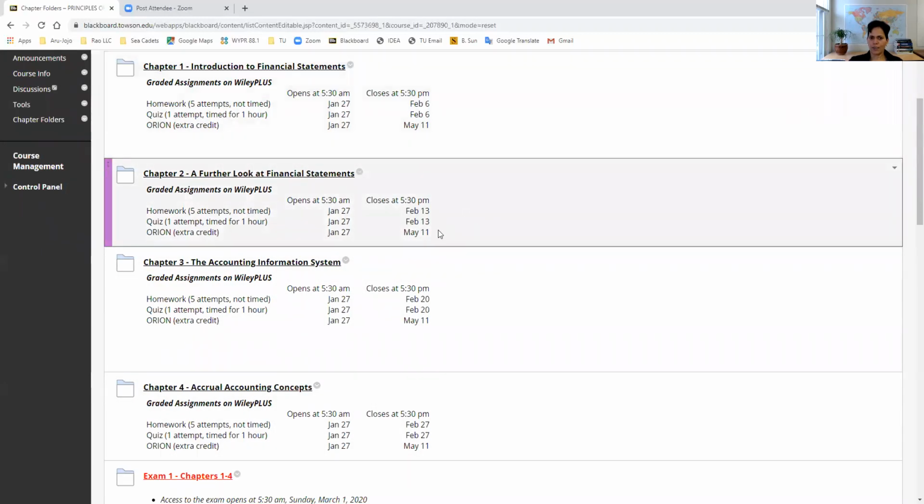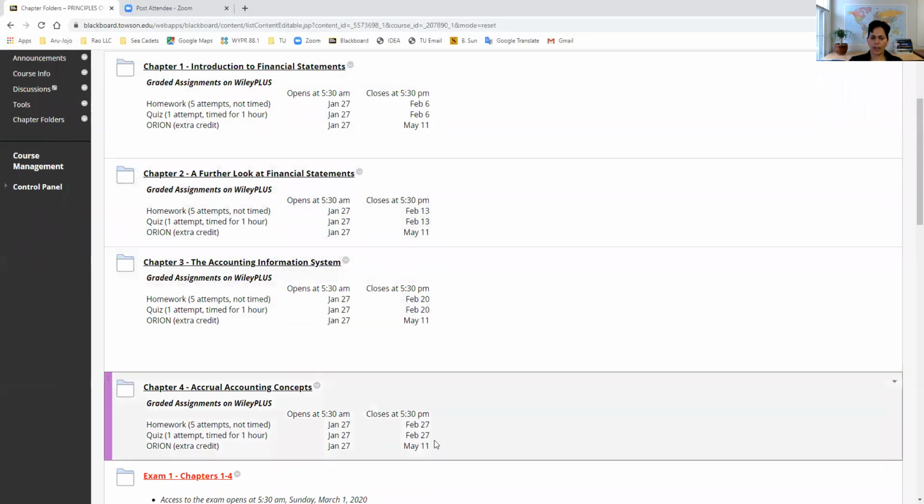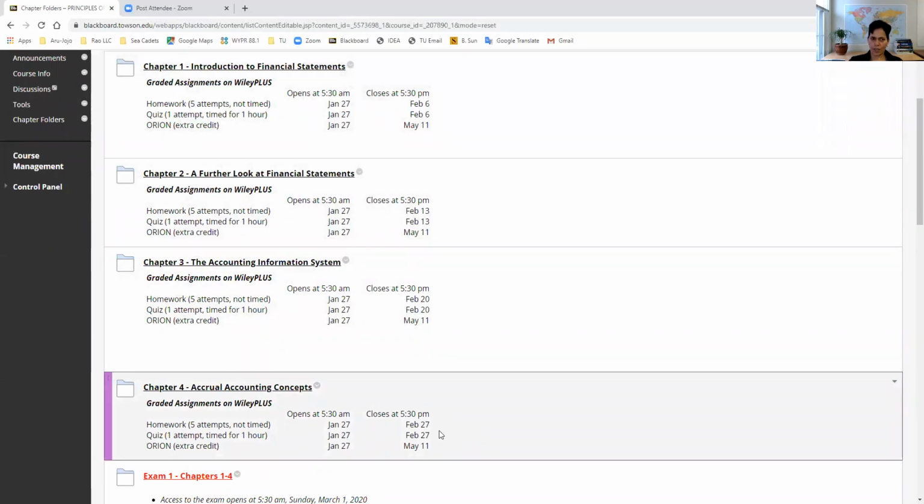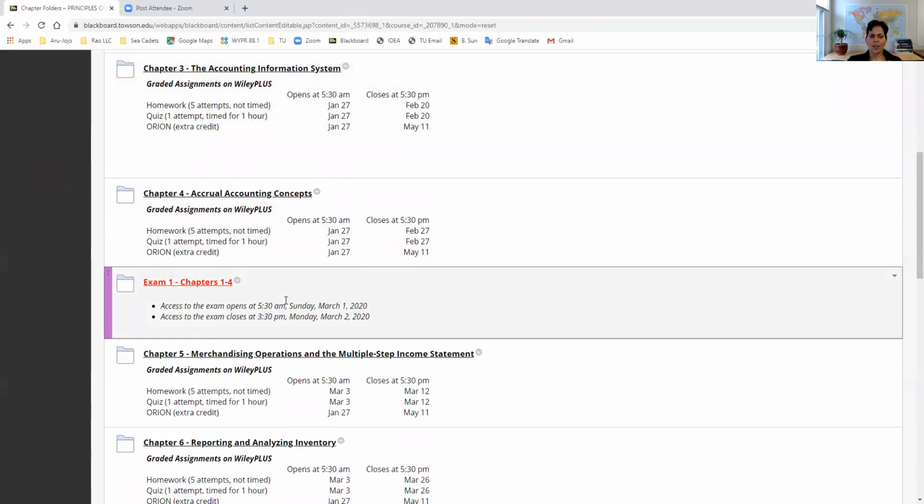Feb 6th, Feb 13th, 20th, and 27th. They all close on Thursdays at 5:30. That part is consistent, okay? The reason I'm doing that consistently is so that you always know Thursday 5:30, that assignment is going to close.